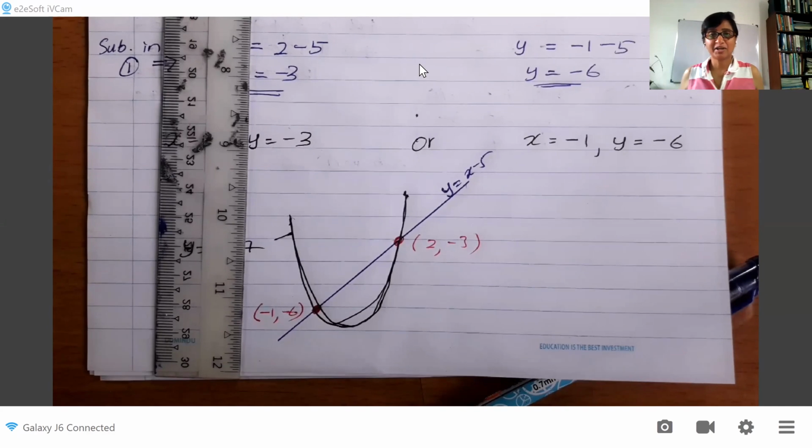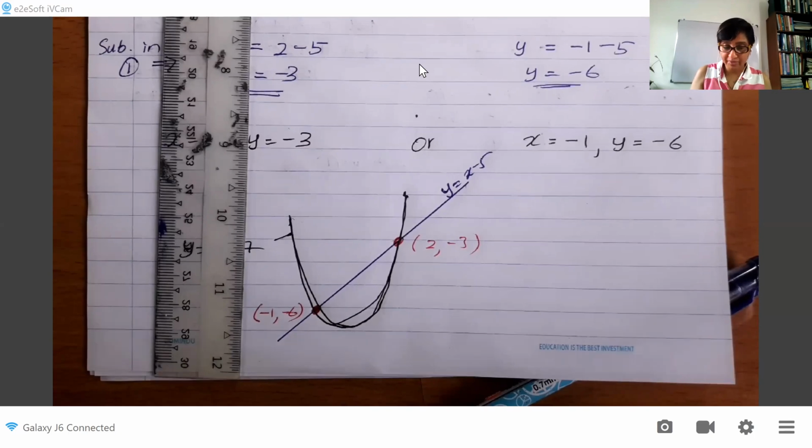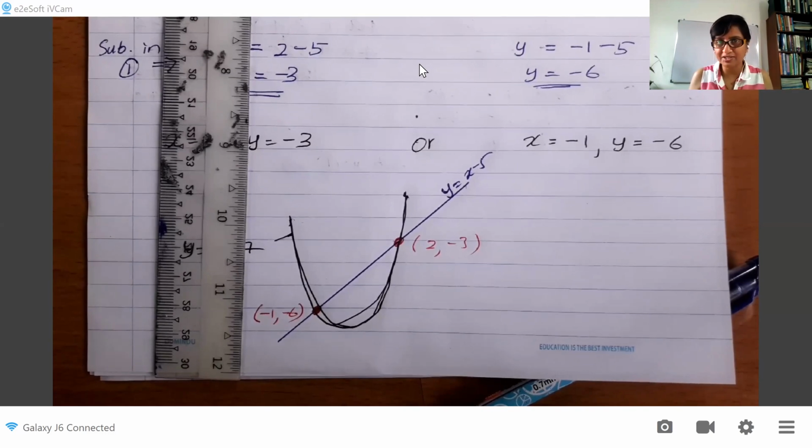Right. In the pair of nonlinear simultaneous equations that you are learning to solve here, always one of the equations represents a line and the other represents a parabola, because one is a linear equation and the other is a quadratic equation.